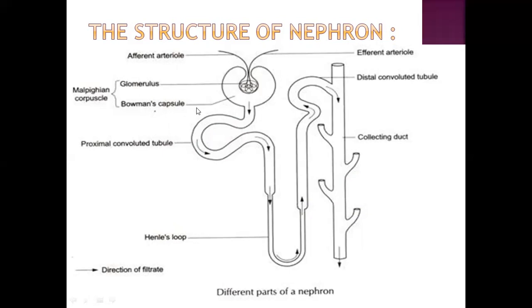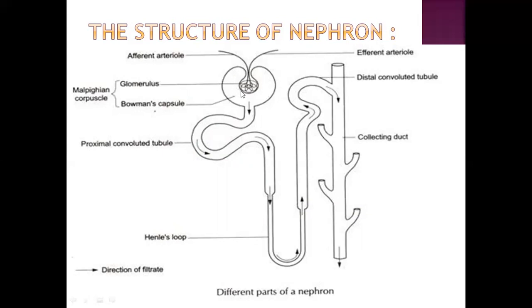One is the Bowman capsule, the cup-like section, and this cup has a capillary network in it to filter, which is called the glomerulus. The glomerulus has two entry and exit points, the afferent arteriole and the efferent arteriole. The grape-like bunch is called the glomerulus, and together with the Bowman capsule, this section is completely called the Malpighian corpuscle.